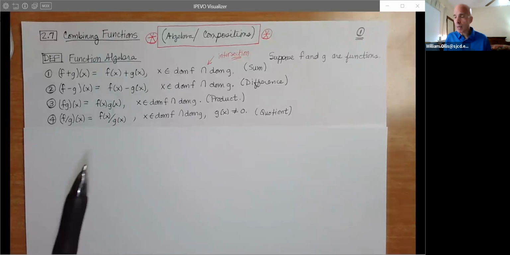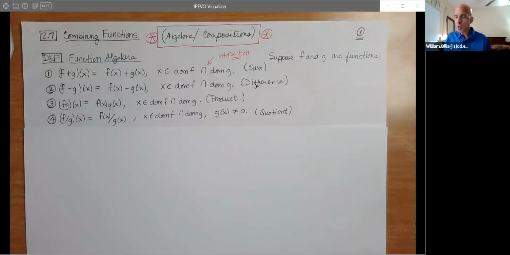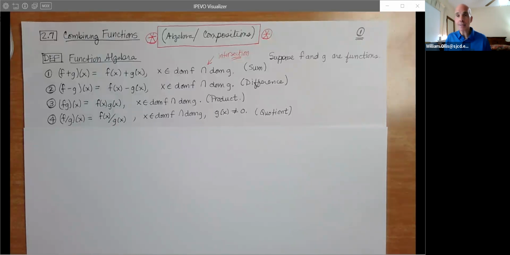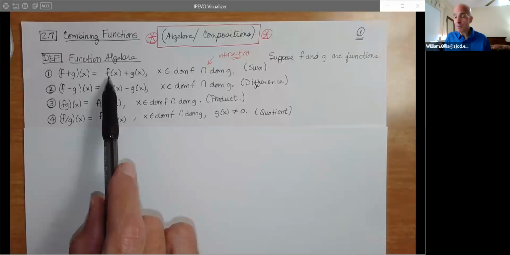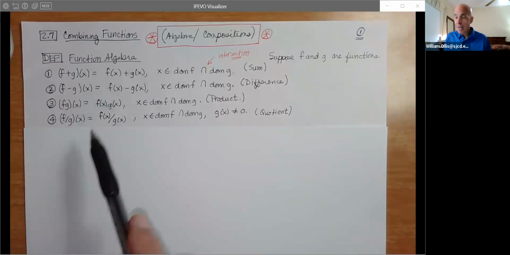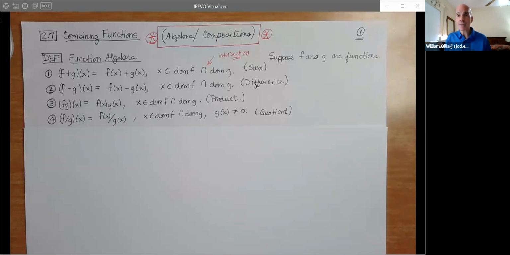And you're thinking, okay, well, that would mean all the inputs that are in both domains of f and g. So even though I've written this here, it should be evident that that is the case, because we have to make sure that both of these, at least in our class now, are real numbers. And if x is not in the domain of f, that would not make any sense.